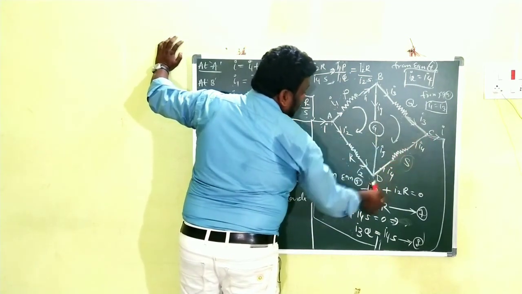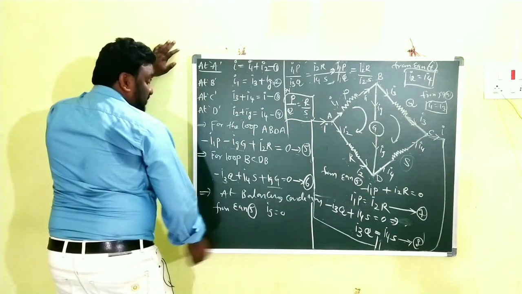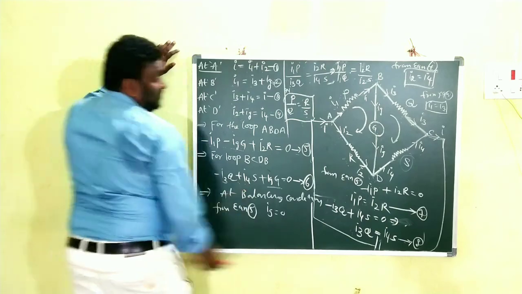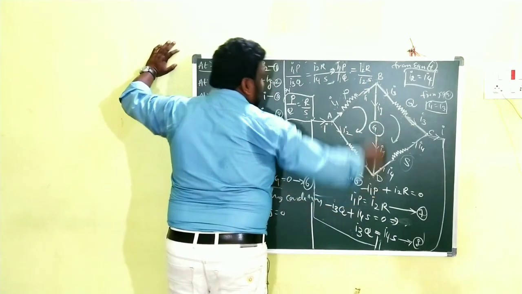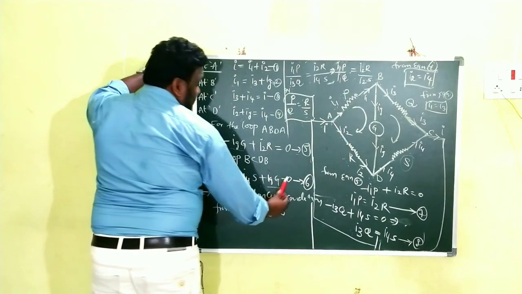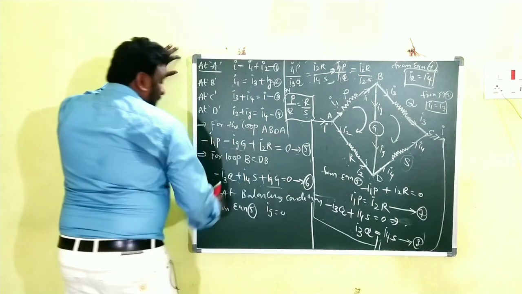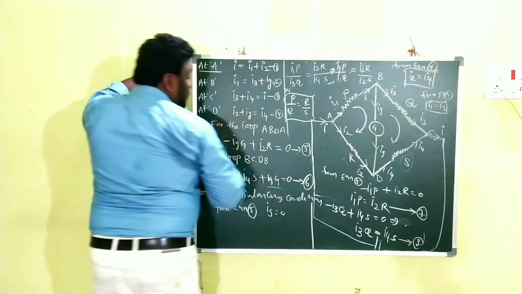We are coming from C to D, and the current is moving from D to C, that's why the potential is taken as positive, plus I4S. At the galvanometer, the potential is I_G into G, and we are moving in the opposite direction of current, so it is taken as I_G into G. Minus I3Q plus I4S plus I_G into G is equal to 0. That is equation number 6, children.